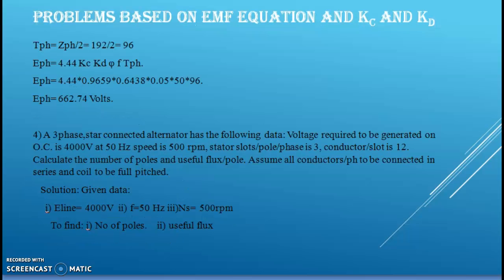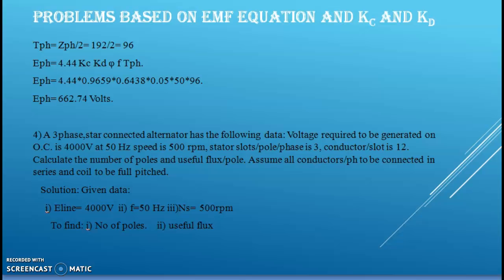The next problem is: a 3-phase star connected alternator has the following data. The voltage required to be generated on open circuit is 4000 volts. This voltage they have given is the line voltage, and this alternator is star connected, so we have to convert line into phase.